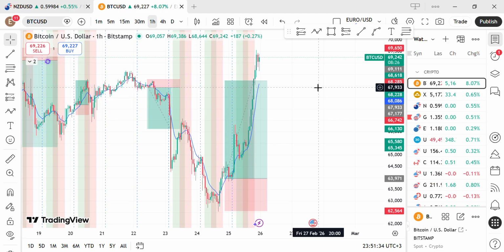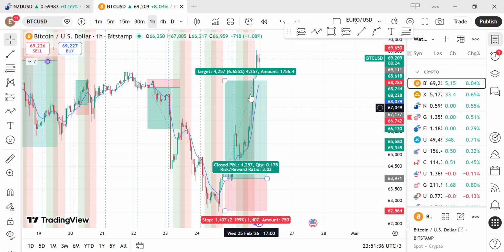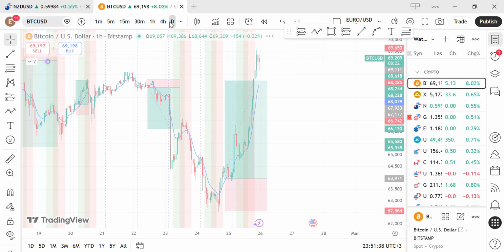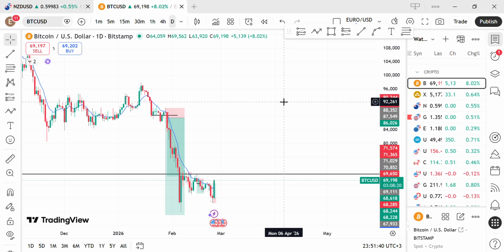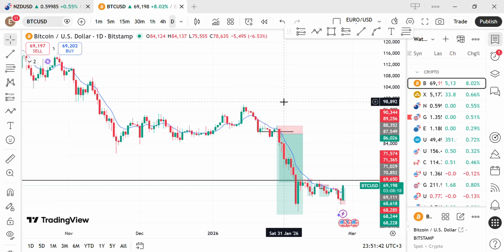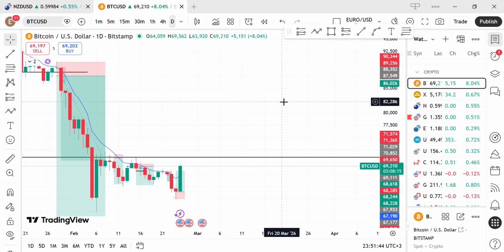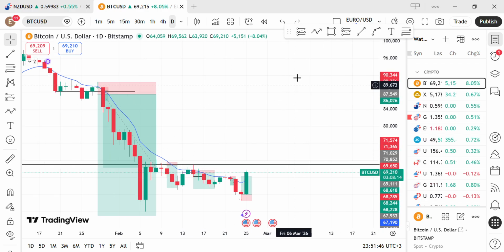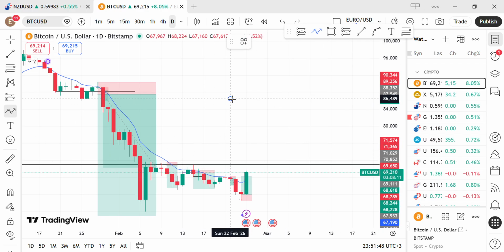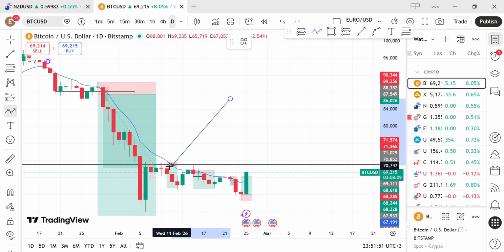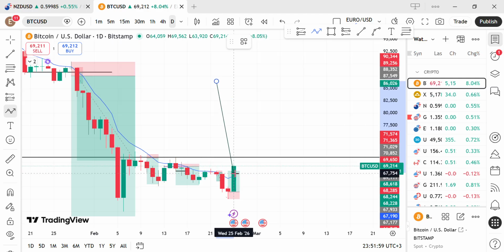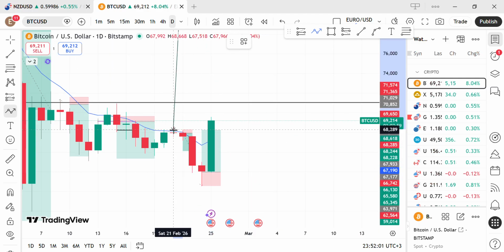It's very rare that the market moves like this. Let me check. Lower low, lower high, lower low, lower high, higher low, lower high, lower low. Price here has broken.